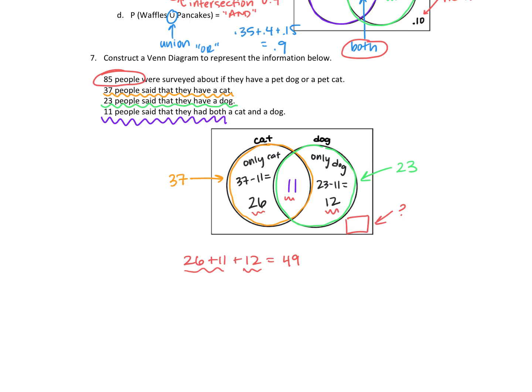Now, if I want 85 people to be represented, I need to figure out how many I'm missing. So I take the total, 85, minus the 49 people currently represented in this Venn diagram, and find the difference. We have 36 people missing, which means 36 people must have answered they own neither a cat nor a dog.